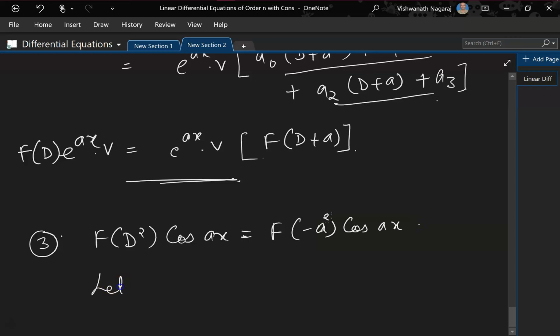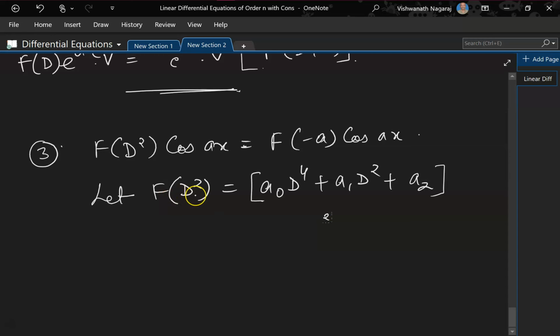Remember, D squared here means the second derivative. Let f of D squared be equal to a0 D to the fourth plus a1 D squared plus a2. Had it been f of D, we would have taken a0 D squared plus a1 D plus a2, so this is of degree 2n, where n is equal to 2.